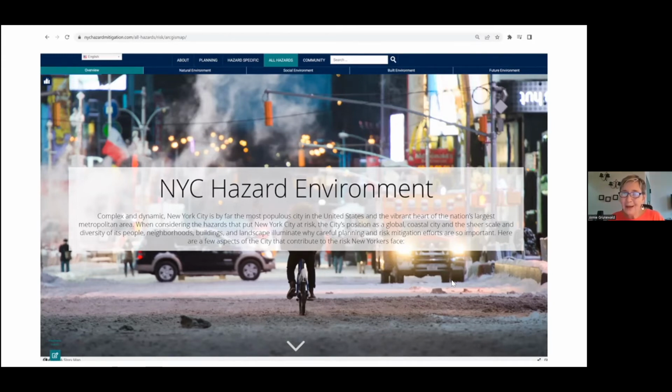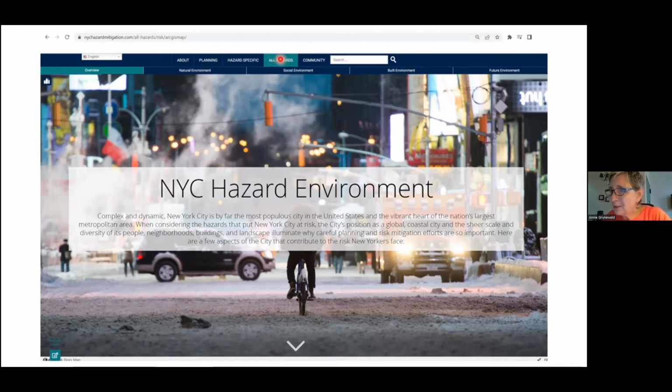No. But if you're curious about how many tornadoes we have had since 1895 in the city, or what is the city doing about hurricane mitigation? What kind of structural things are we doing to mitigate the impact? This is your place to go.